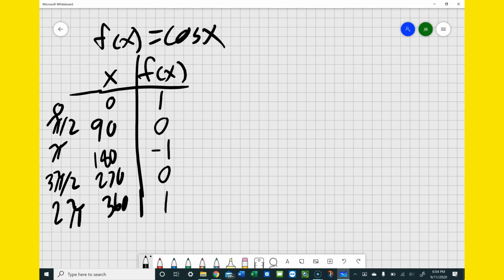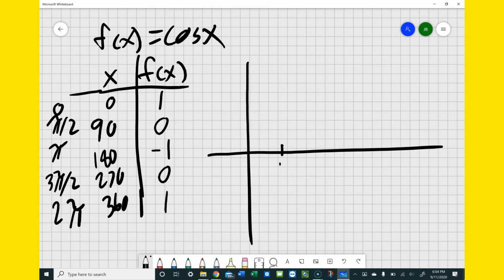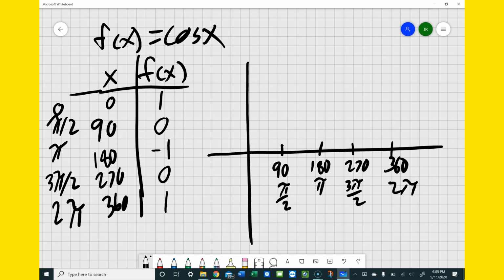Cosine of 360 is 1. And here are your fundamental points for the cosine curve.